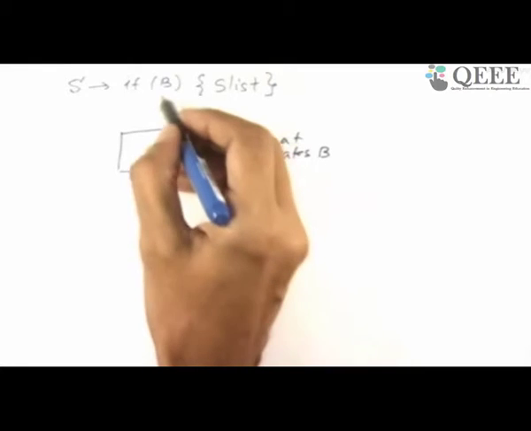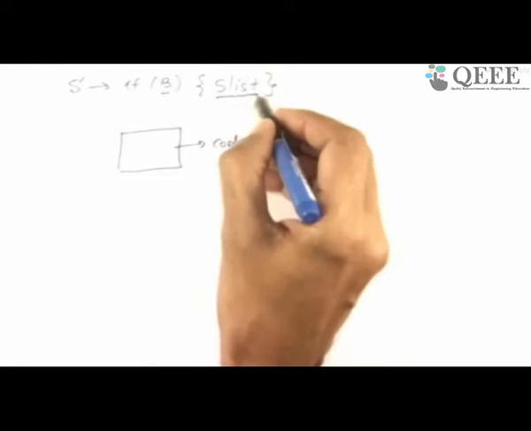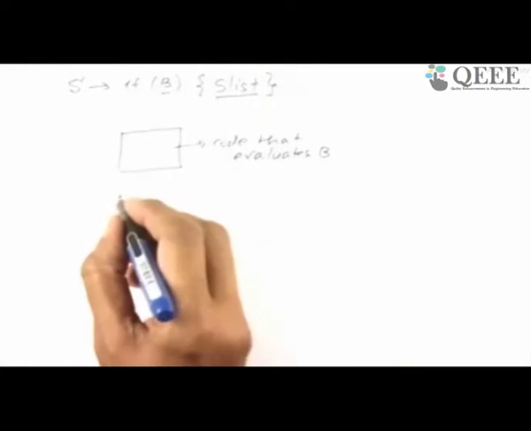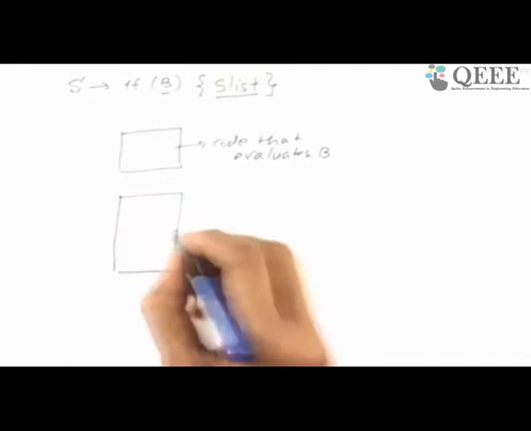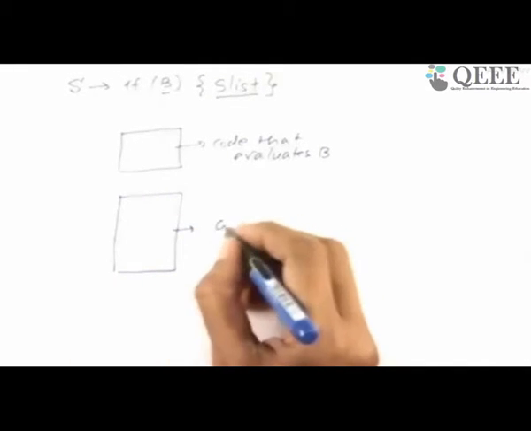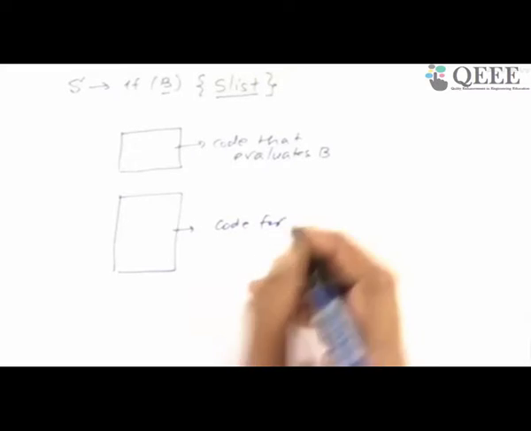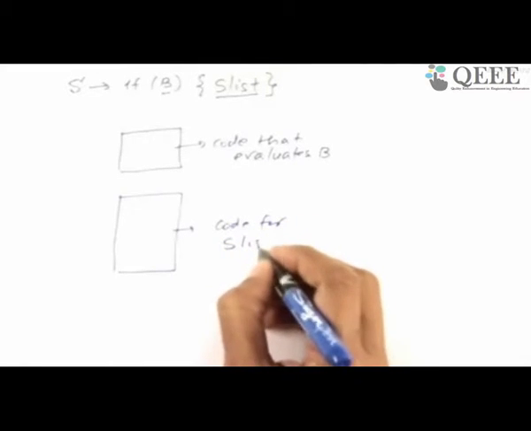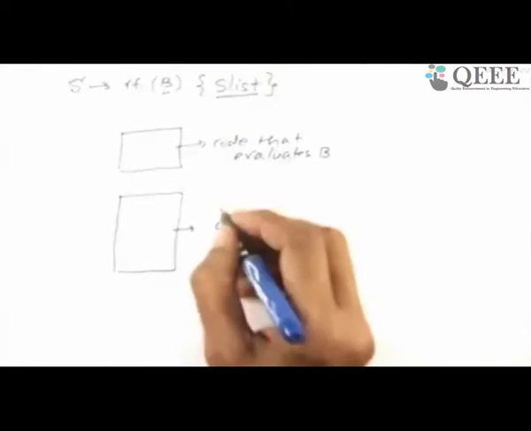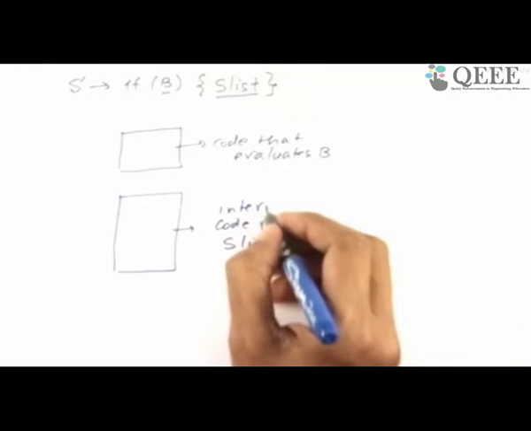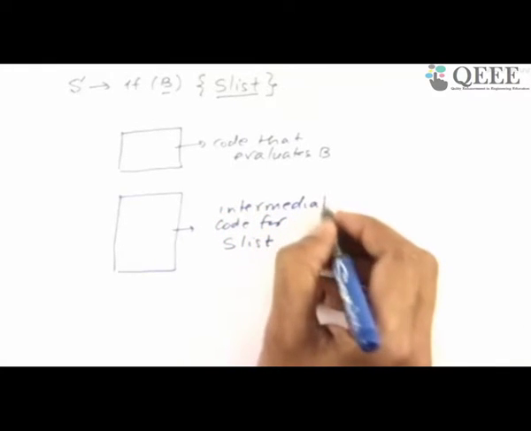Let's assume when the parser goes ahead and examines all of S list, it would have produced a huge bit of code, which is the code generated out of S list. This code I mean is intermediate code. I'll give you a more concrete example in a short while.